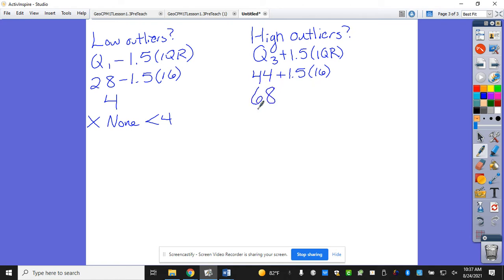Yes, no? This doesn't happen much, but every once in a while it does. I am specifically saying what inequality-wise here? So what am I not saying? Less than or equal to, so would 4 be an outlier? Technically no by those rules. Sometimes people get a little bit funny about it, but technically by the rule, no.